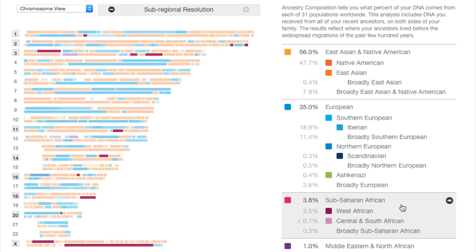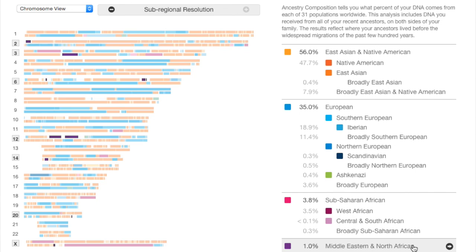My mother also gets Sub-Saharan African, a lot on her X chromosome. 3.5 is West African. 3.5 is not that much, but if I test one of her parents, it might increase.